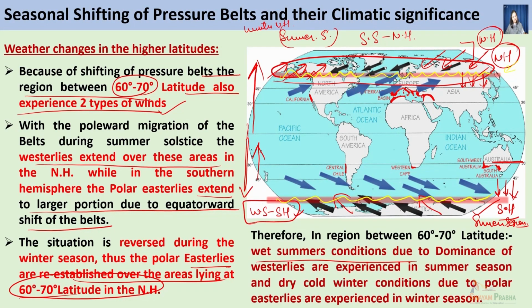So these areas, because of seasonal shifting of pressure belts, also experience two types of weather conditions along with certain unique conditions, just like the formation of fronts and formation of cyclones, which impact the weather conditions greatly in these latitudinal belts. So seasonal shifting of pressure belts not only changes the weather conditions in high latitude, but it also governs the precipitation regime and the overall climatic conditions which we experience in these higher latitudinal regions of the world also.